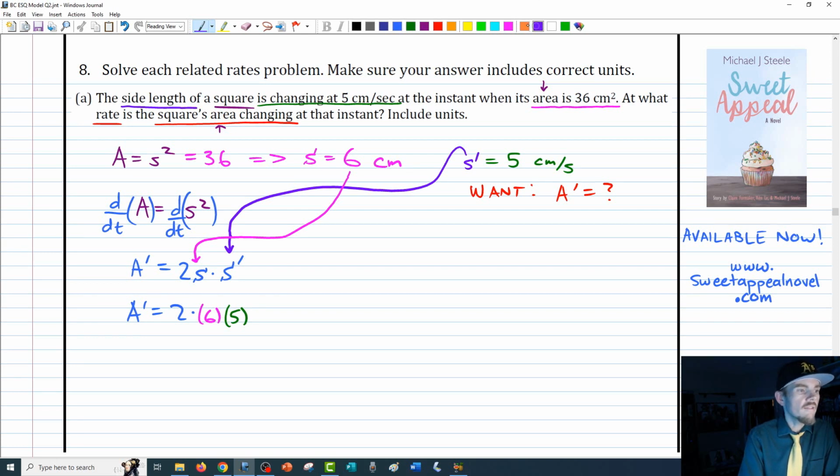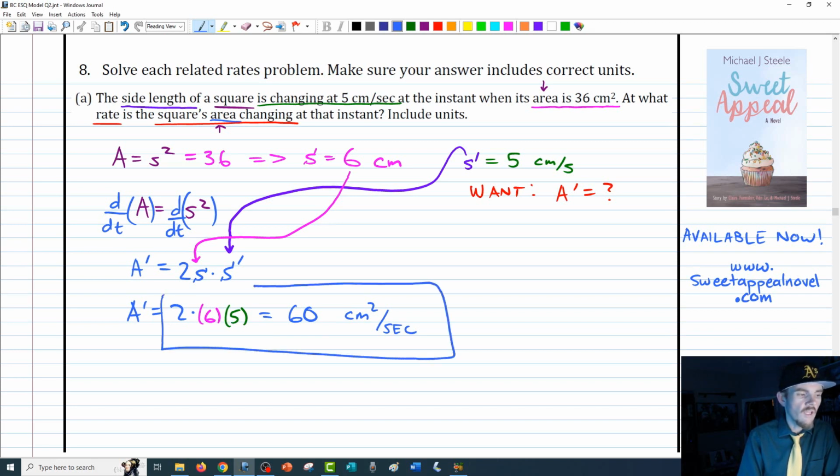When we combine that together, we get 2 times 30, which is 60. As far as the units, we're talking about the rate of change of an area. Area is measured in square units, so this will be in centimeters squared. And we're changing relative to time in seconds, so this will be centimeters squared per second.